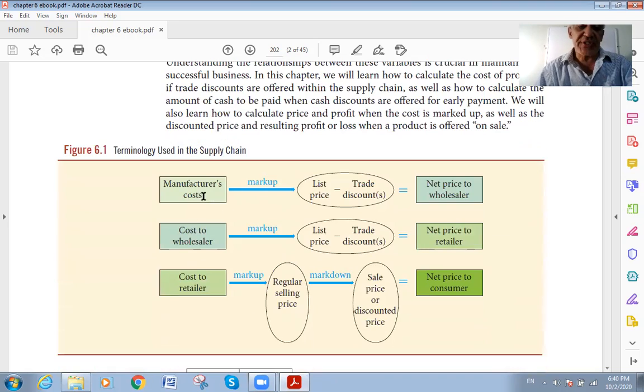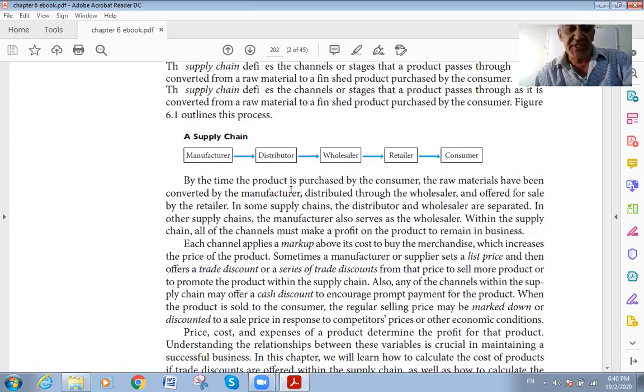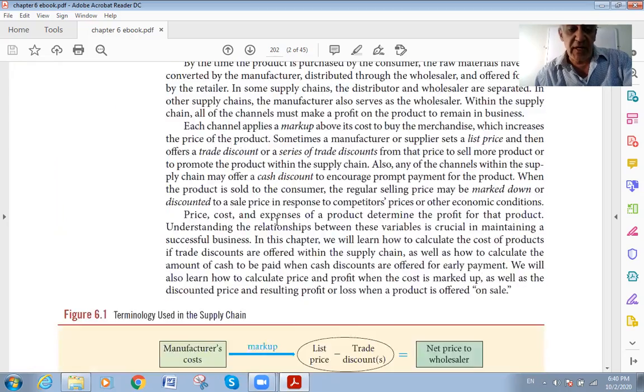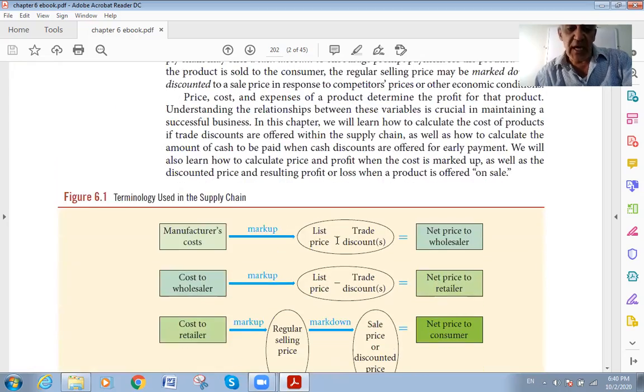Here it shows, from the manufacturer to the second step, which is the distributor, the list price is the price which is written on the product itself minus the trade discount. Then you will have the net price.